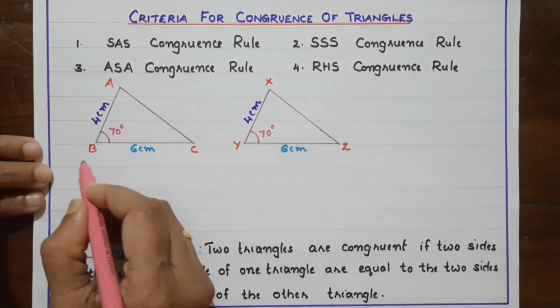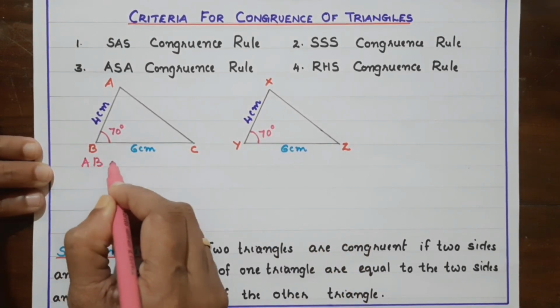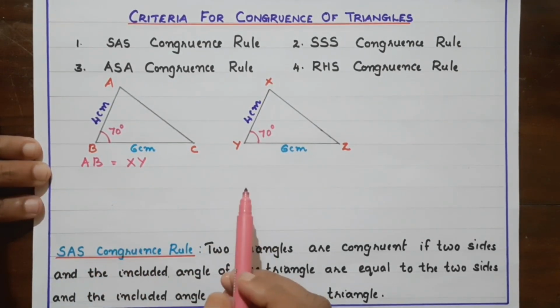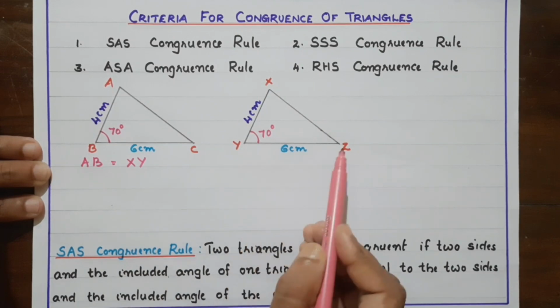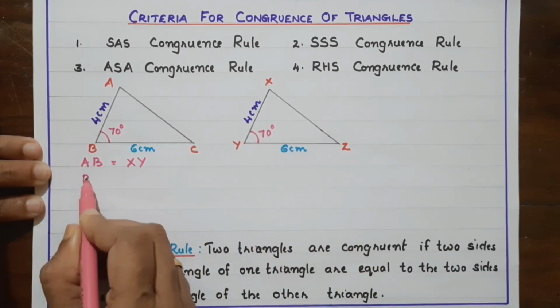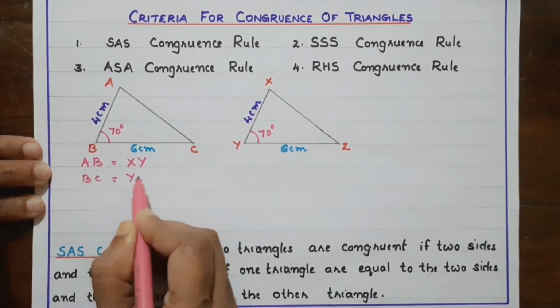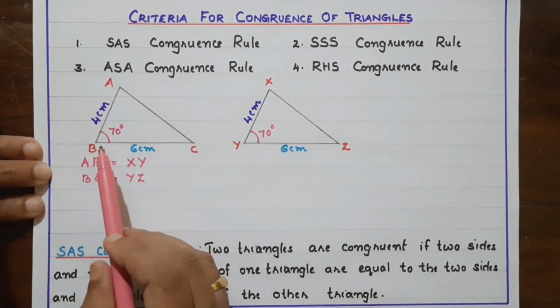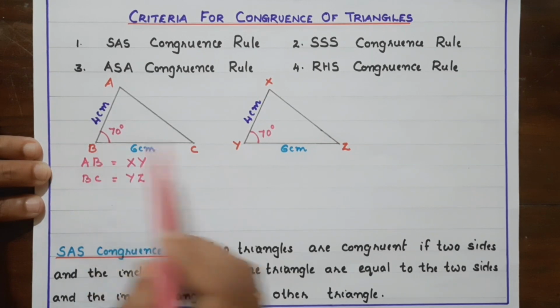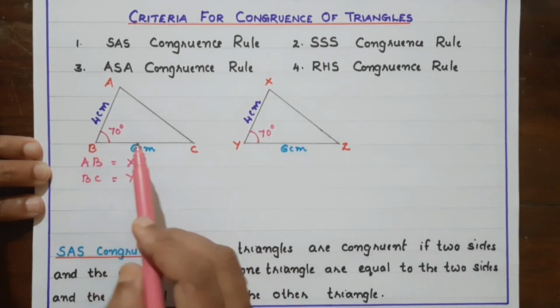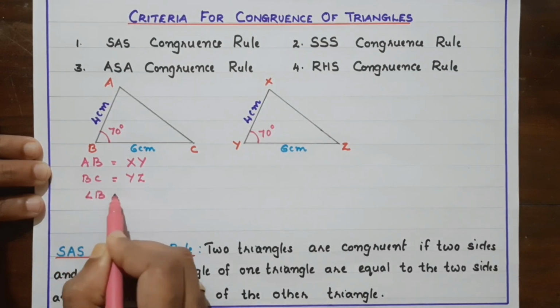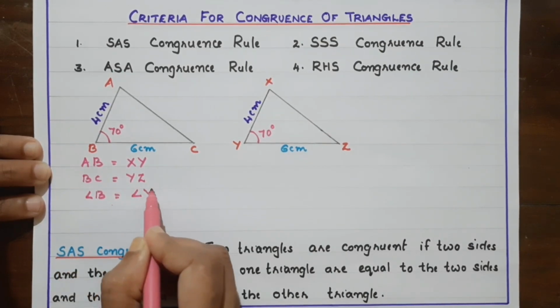So we can write AB is equal to XY. Then which sides are equal? BC is equal to YZ. Then one more pair of measurements is given. What is that? 2 angles. Here angle B is 70. Here angle Y is 70. So angle B is equal to angle Y.